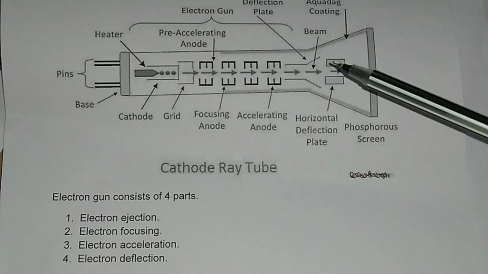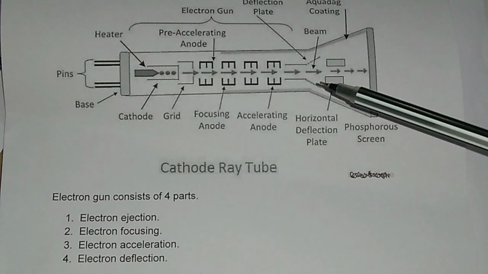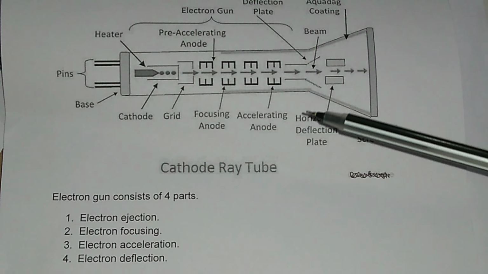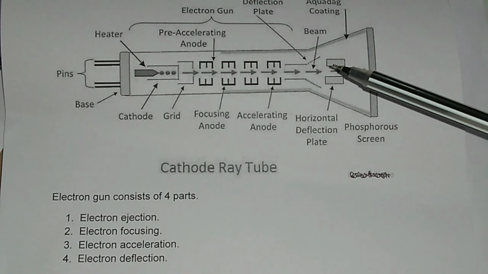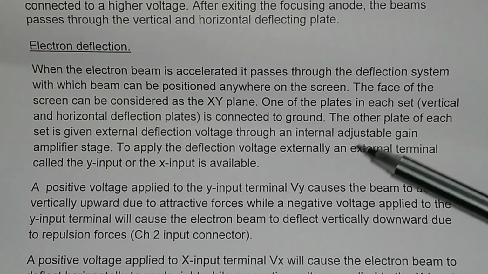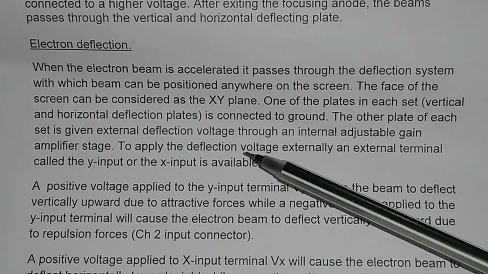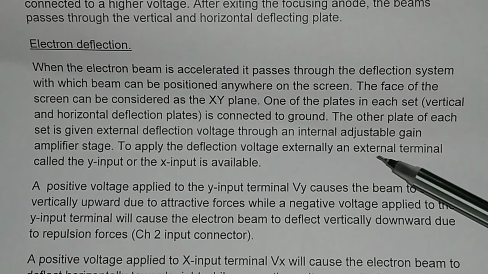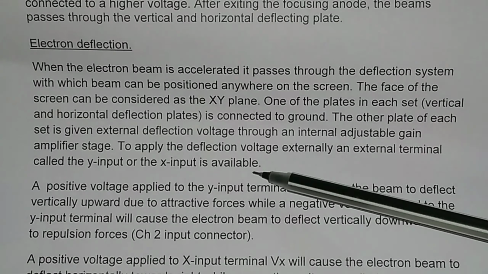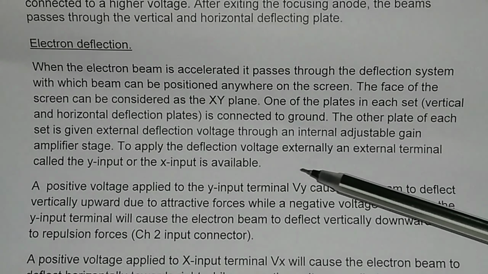So two plates are connected to ground and two plates are connected to the deflection voltage. To apply the deflection voltage externally, an external terminal called the Y input or the X input is available. I will show you the X input and Y input in the CRO.